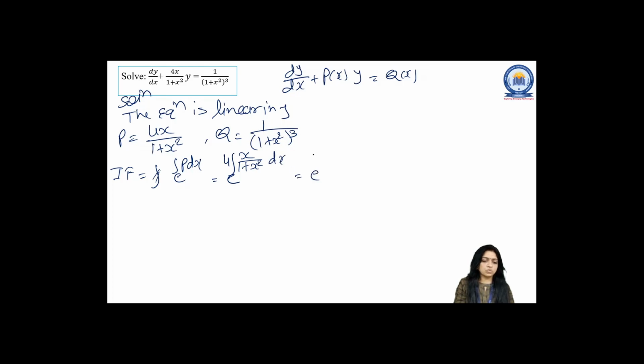So e raised to the integral of 2x upon 1 plus x square dx, and that is e raised to 2 log of 1 plus x square. So e raised to log of (1 plus x square) raised to 2. So the answer is (1 plus x square) whole square.